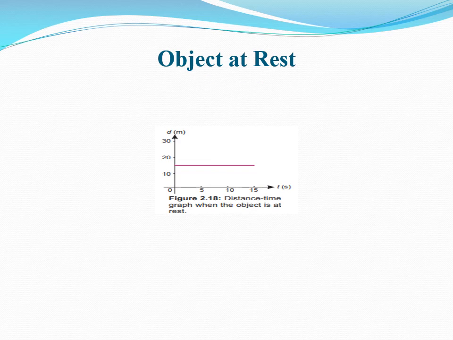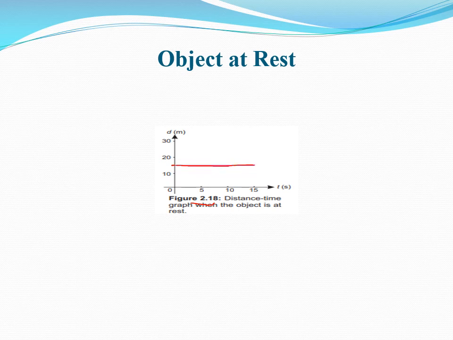In this graph, figure 2.18, you are noticing that the object is placed somewhere here at distance nearly 15 meters, and with the passage of time the body remains at its original position like this.